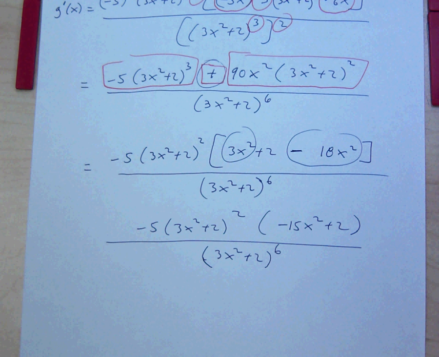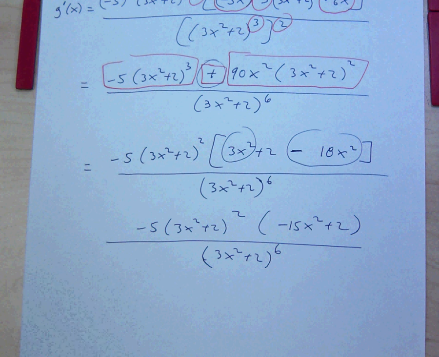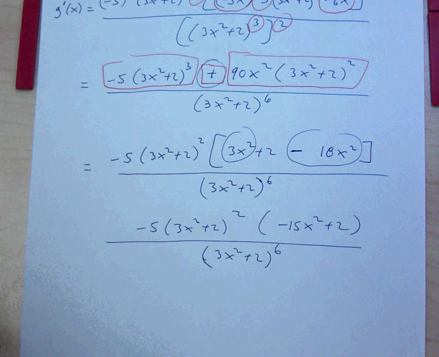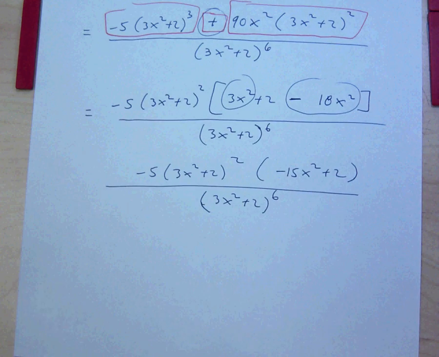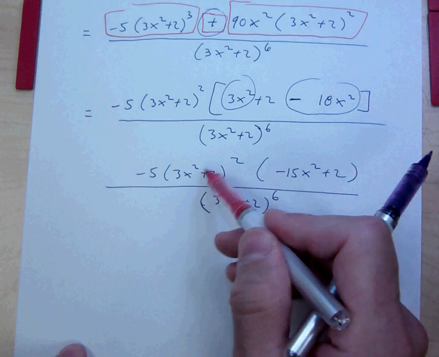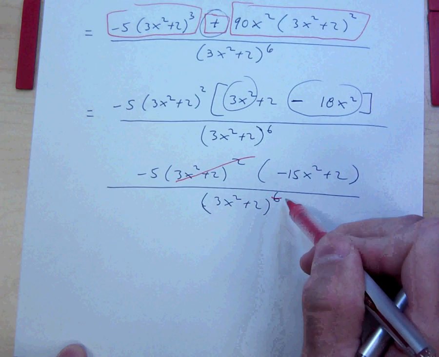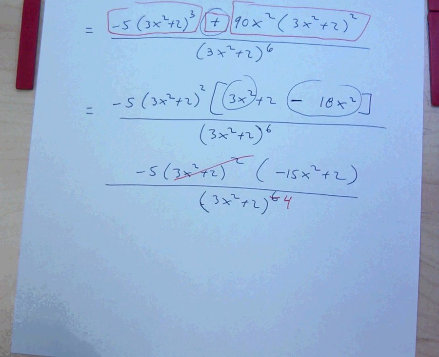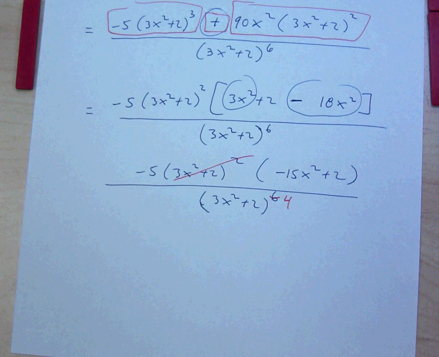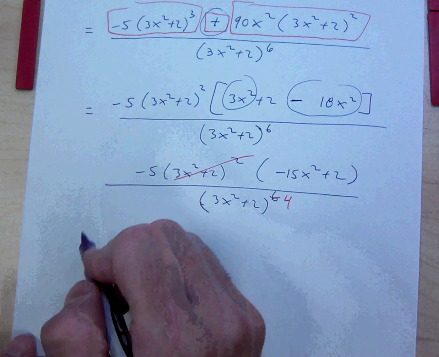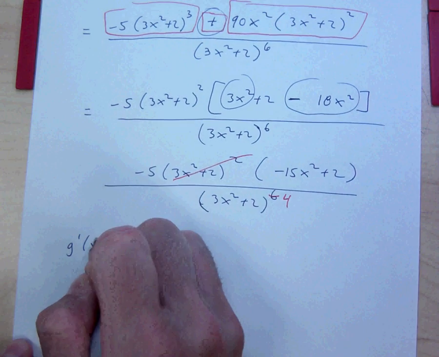And then at that point, clearly, I can cancel some of these 3x squareds plus 2, right? I can cancel both of those with 2 of those, leaving you with a 4 there, correct? Okay? And so this is my final simplified derivative then.